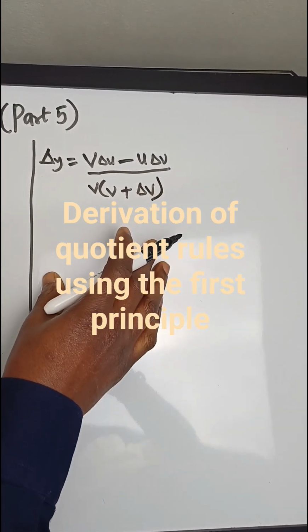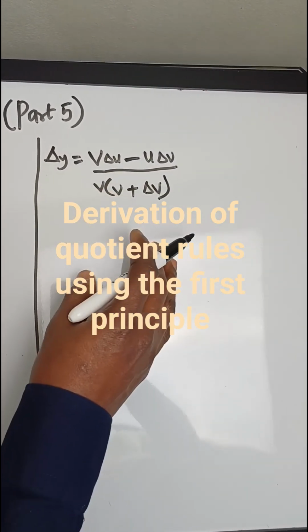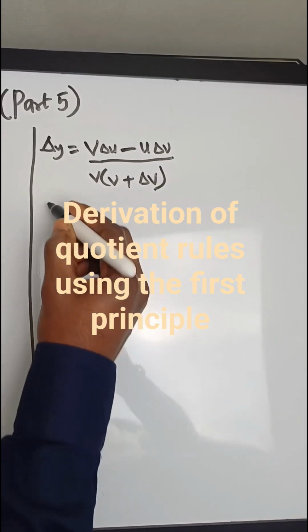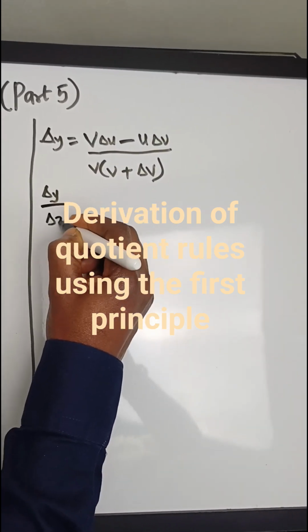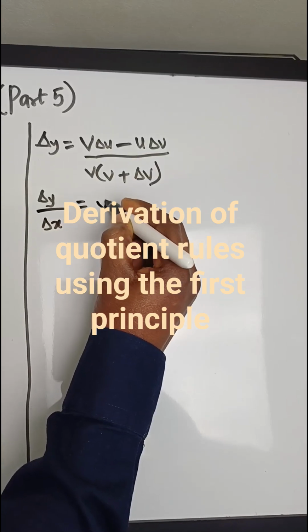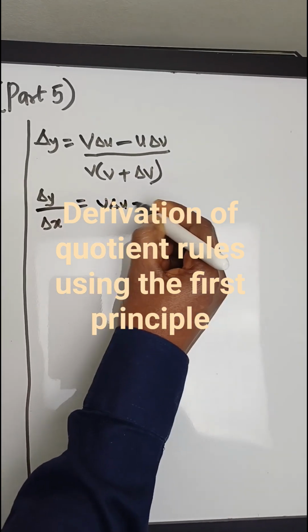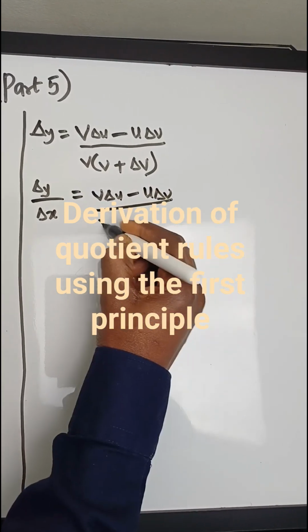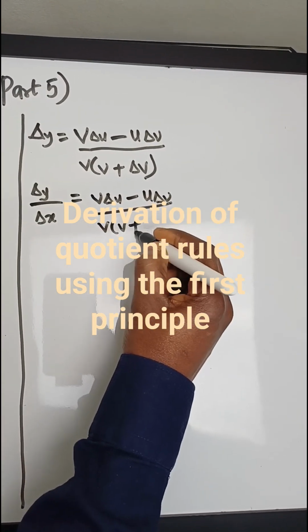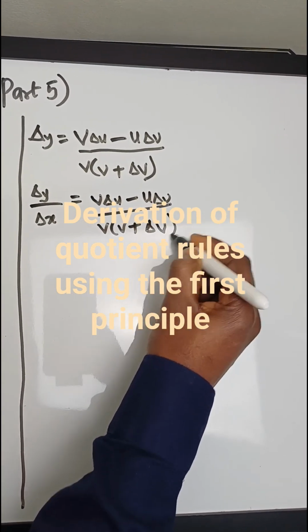Now at this point, the next thing is to divide both sides by change in x. So we have change in y divided by change in x equals v du minus u dv over v into bracket v plus change in v.